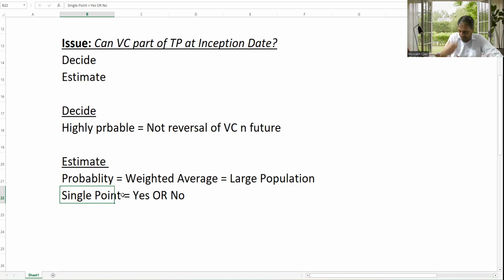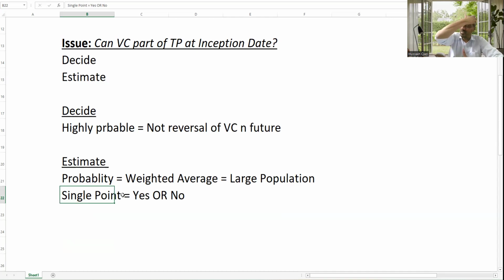For example, in my case, either you will be able to get a bonus, yes or no. So outcome, bonus yes; outcome, bonus no. So no need about the probability. Probability is where the situation is about multiple outcomes being possible.